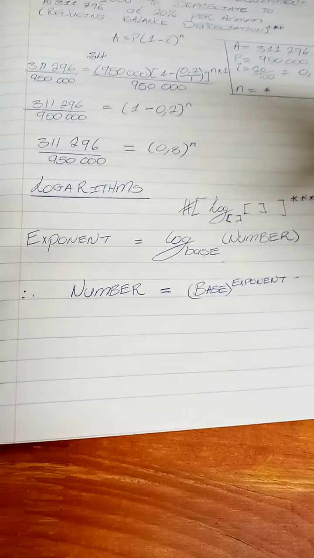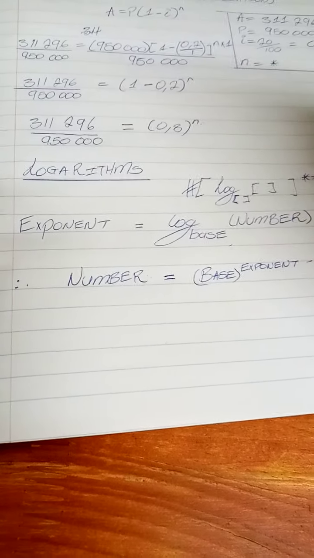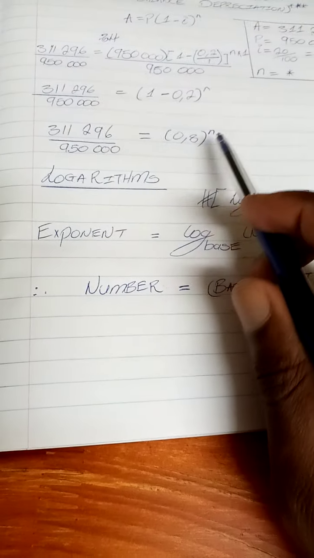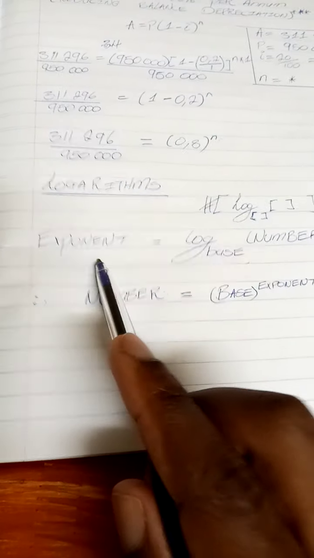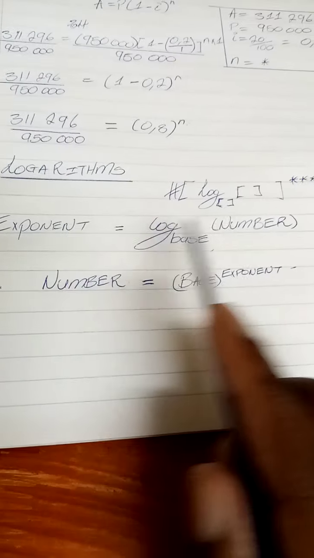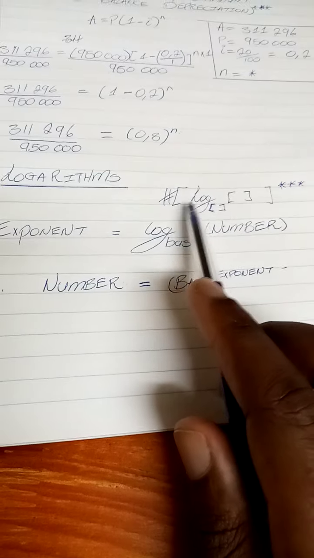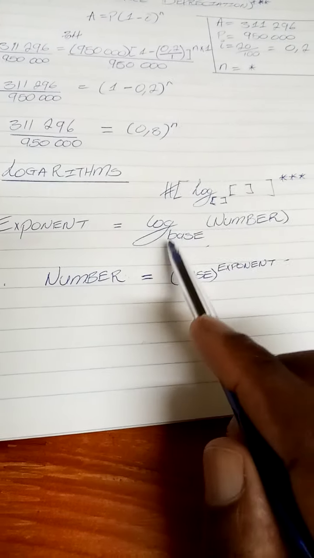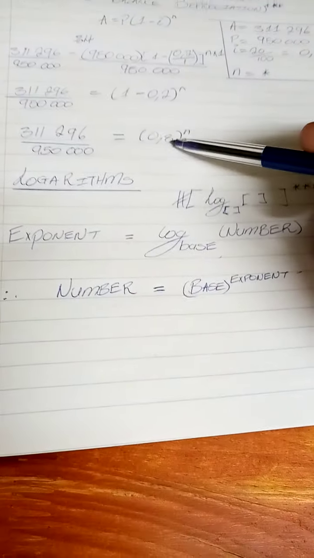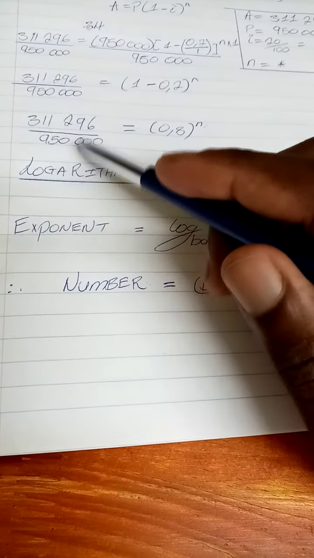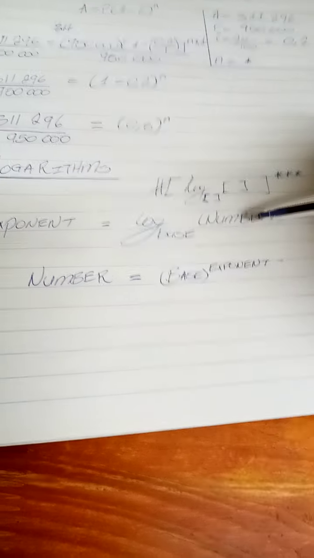So now when trying to find n using logarithms, n is the exponent, right? So n comes down here. Then using these types of logarithms, the base is this number here, and the number which was on the other end becomes the number here.